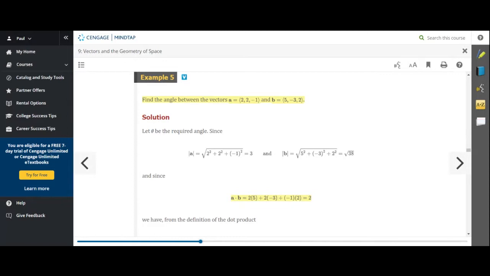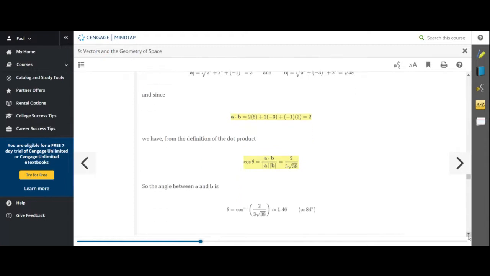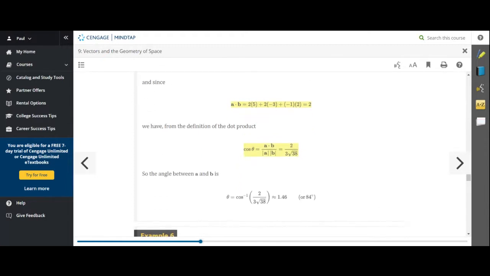The dot product in this case is equal to 2. Then, from the definition of the dot product, you can find the cosine of theta, and then you can find theta by taking the inverse cosine.